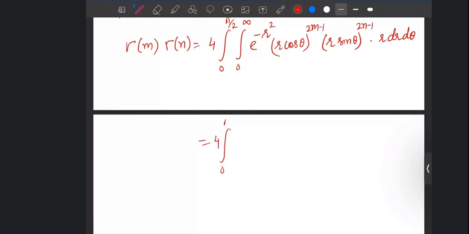Then just simplify it, that is equal to 4 times the integration 0 to pi by 2, 0 to infinity e raised to power minus r square.